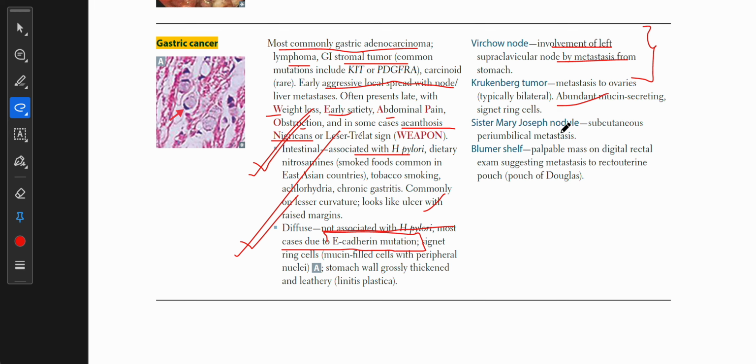And in Sister Mary Joseph nodule, there is subcutaneous periumbilical metastasis. Blumer shelf, a palpable mass on digital rectal exam, suggests metastasis to the rectouterine pouch of Douglas, right?